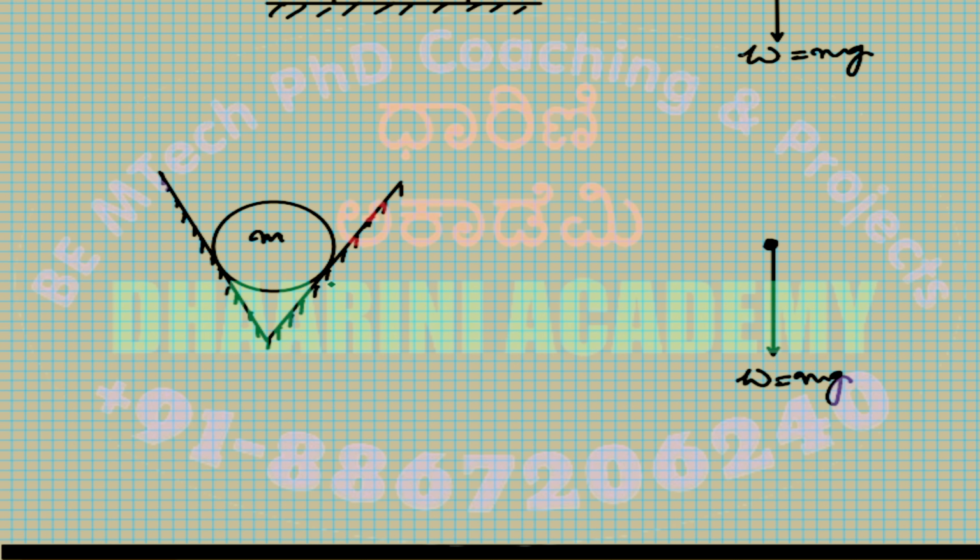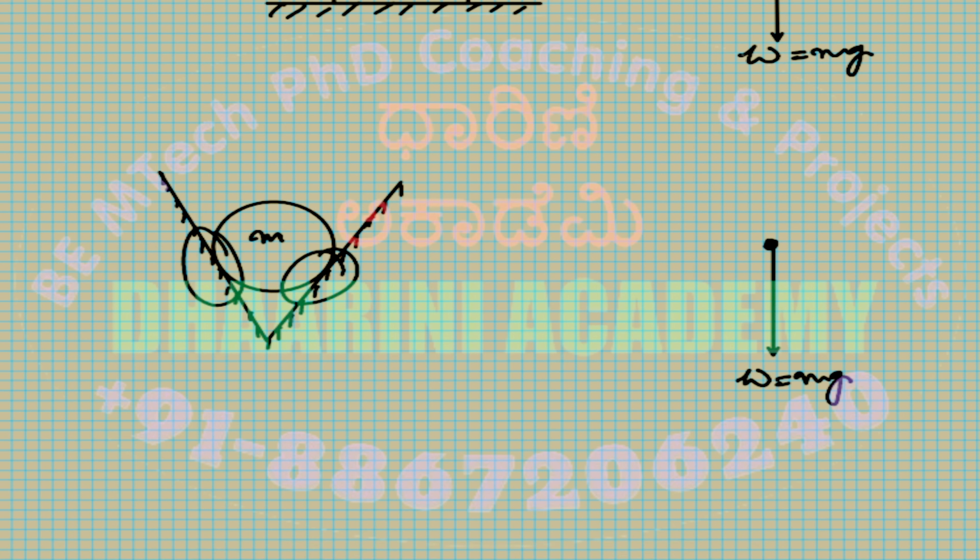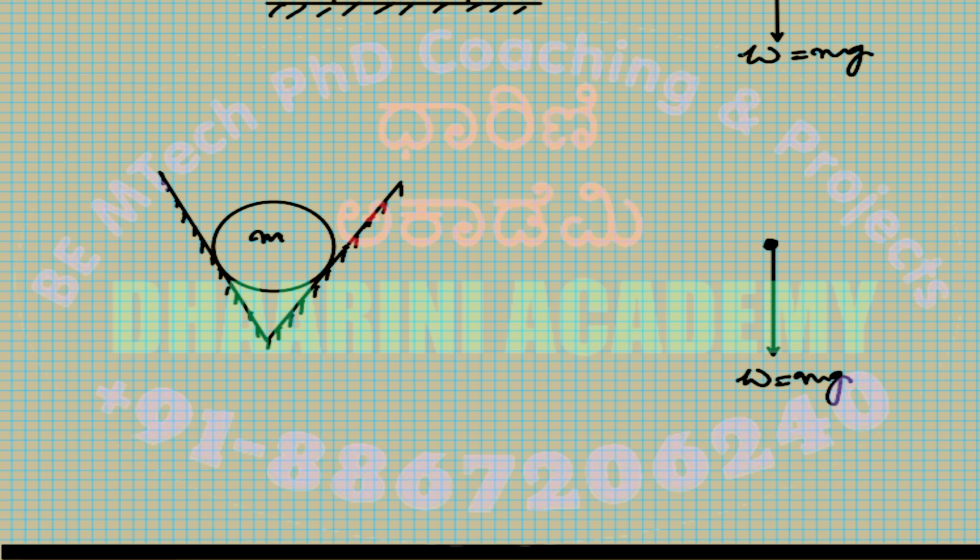In the sense, I have one contact here and one more contact here. So from both these locations, I have to have two different forces. It is perpendicular in the sense, definitely it means it will pass through the center of the circle that we are writing. So both forces will act like this. You have options.